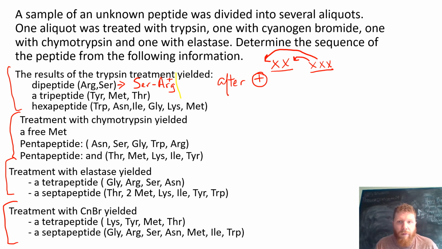We don't know. However, when we look at our tripeptide sequence, we're looking again for trypsin to cut after a positively charged residue. Now, when we look at these three different amino acids, tyrosine, methionine, and threonine, are any of those positively charged? No, they're not. Tyrosine can be involved in hydrogen bonding, but it has no net charge on its R group. Methionine, nothing.